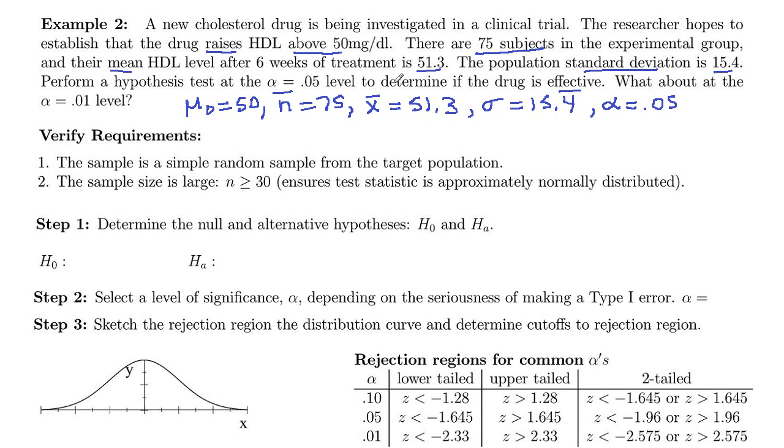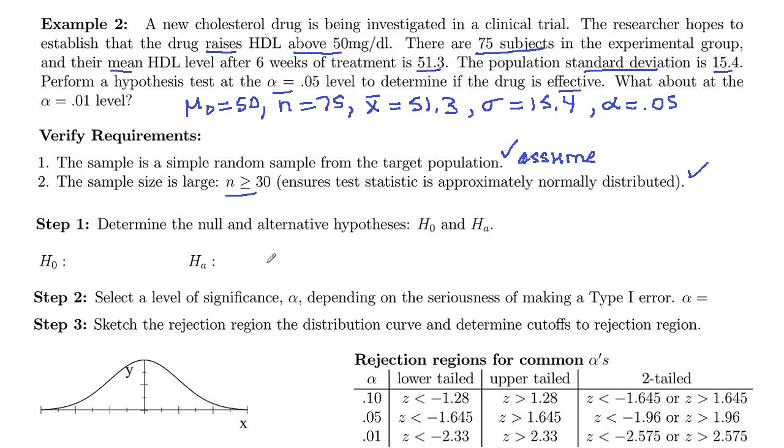They have not specifically said that the 75 were randomly chosen, but this is a clinical trial, so we will assume that they've used good experimental design here. Sample size is large, greater than or equal to 30. Yes, 75 is greater than or equal to 30.